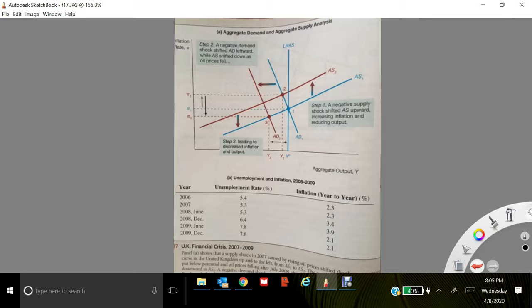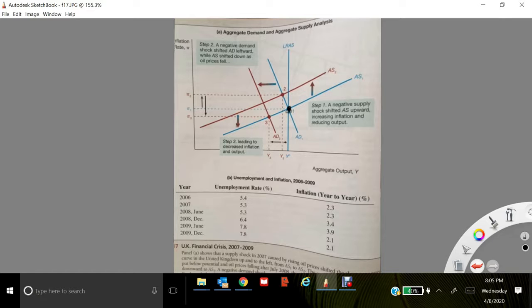Okay, so we have some more data here. We can look on page 544. The United Kingdom, Britain, and the financial crisis over there. Initially, we're in this nice long-run equilibrium here.